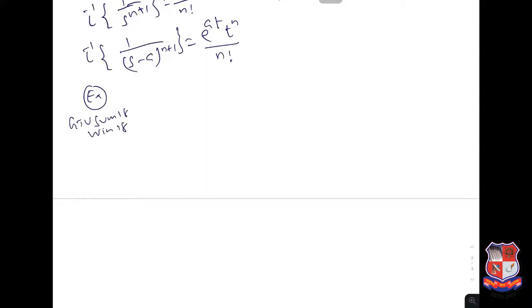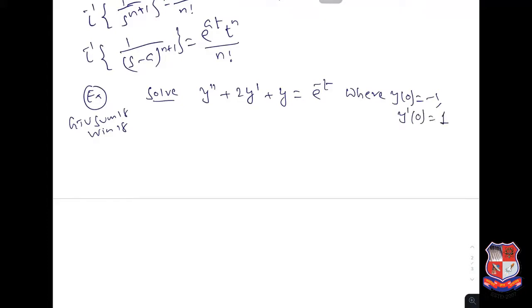The question is, solve y double dash, that means second order derivative, plus 2y dash plus y equal to e power minus t, where y at 0 equal to minus 1, y dash 0 equal to 1.